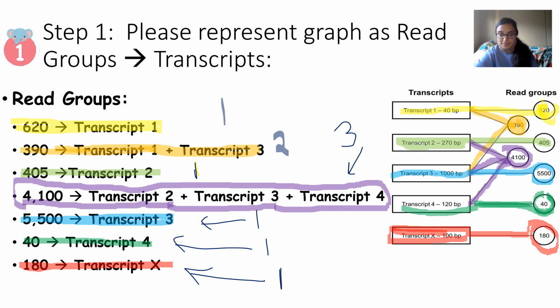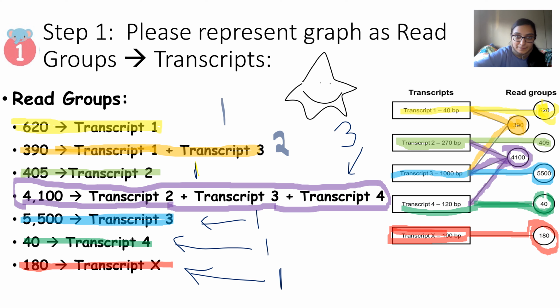What's going to make us happy to begin with is that we're going to keep this graph, but focus on the ones that have unique 1s in the next step.